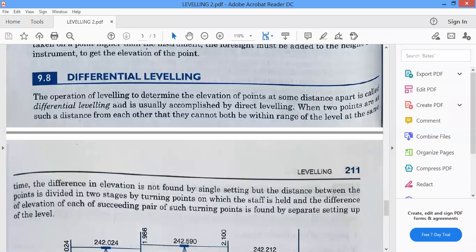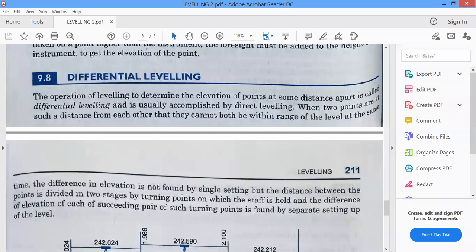The operation of leveling to determine the elevation of points at some distance apart is called differential leveling. That means if the point whose RL is to be calculated is away from the benchmark, in that case you have to go for differential leveling.